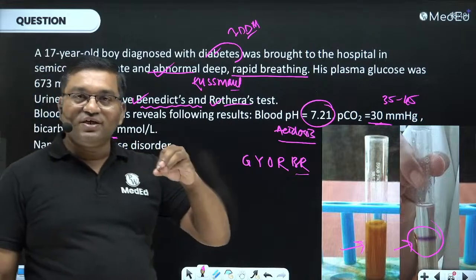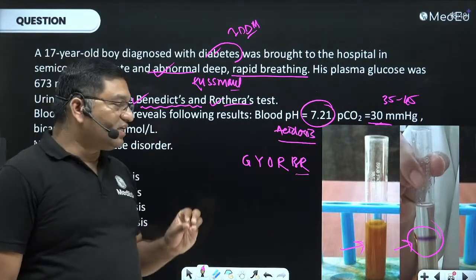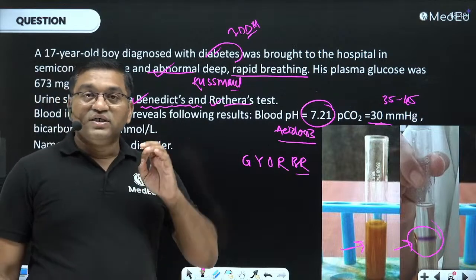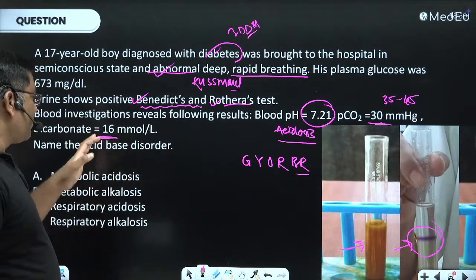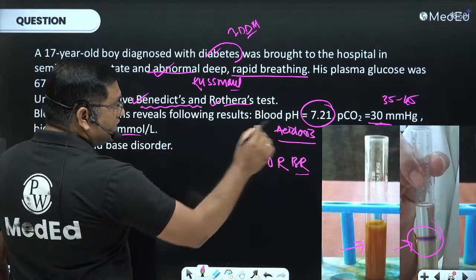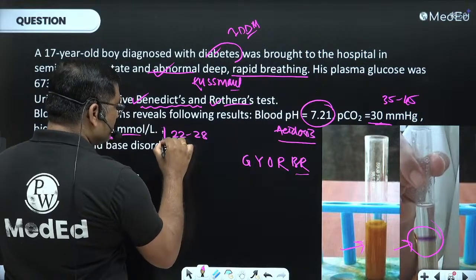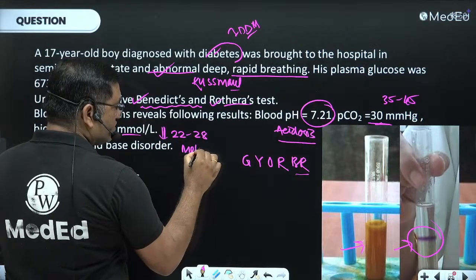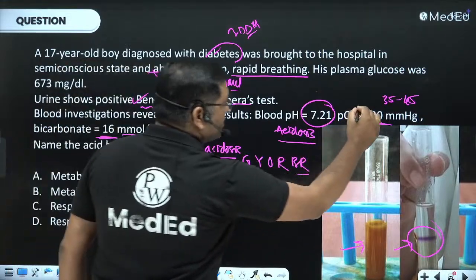In diabetic ketoacidosis it goes below 14 millimole per liter, and that is a diagnostic criterion for diabetic ketoacidosis. The normal range is 22 to 28, so it is decreased, meaning it is metabolic acidosis, and this is compensation.